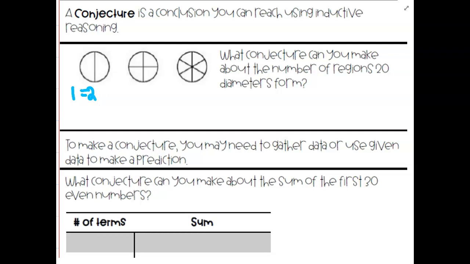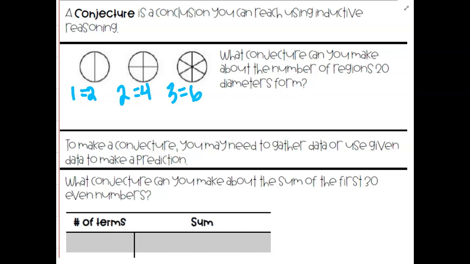The next shape has 2 diameters, which creates how many regions? 4. Okay, that third shape has 3 diameters, and it creates how many regions? 6. Okay, what do you think the pattern is? Yeah, it's just twice the number.